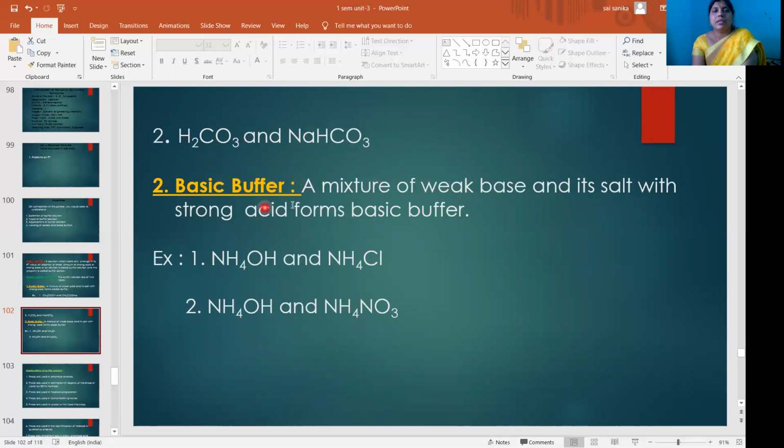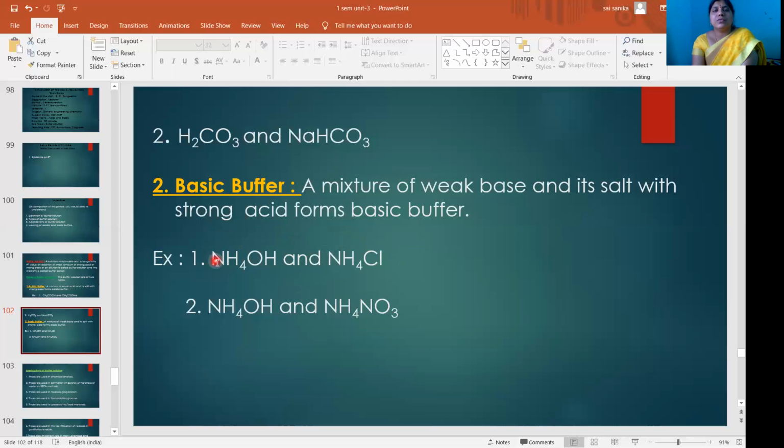Then come to basic buffer. What is meant by basic buffer? A mixture of weak base and its salt with strong acid forms basic buffer. So basic buffer means weak base and its salt. How is this salt forming? With strong acid. NH4OH is a weak base. It combines with HCl, and you get NH4Cl.